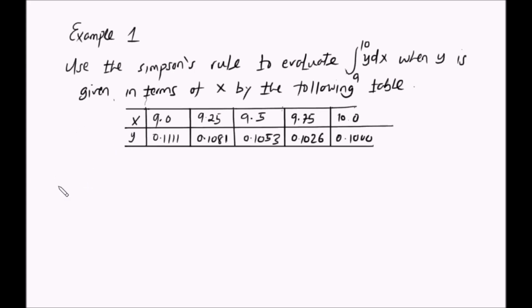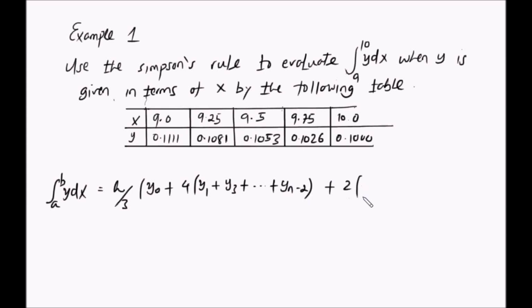So I know by Simpson's rule, the integral of y with respect to x from a to b is sawa na h over 3 y naught jumlisha 4 odd ordinates, sum of odd ordinates mpaka yn minus 2 jumlisha 2 y2 plus y4 mpaka yn minus 1 jumlisha yn.